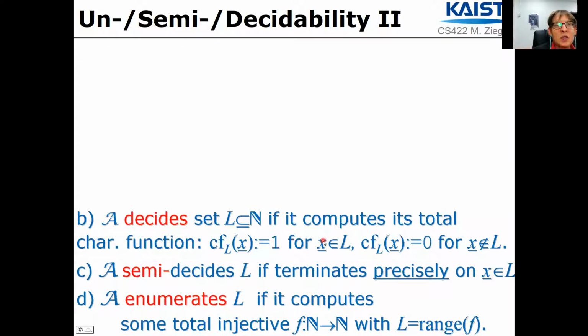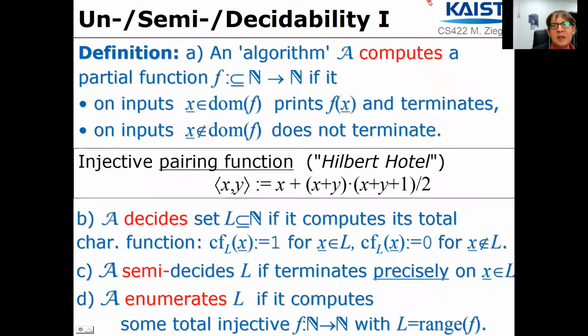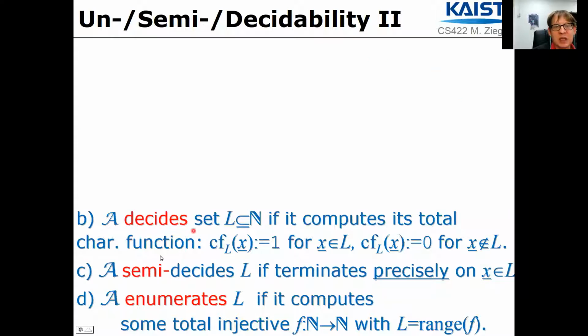How do all these notions relate to each other? Right, the notion of computing is only a notion that applies to functions. But regarding decision problems, we now have three different notions: deciding, semi-deciding, and enumerating. And that naturally raises the question: is there some connection, some relation between these notions or not?